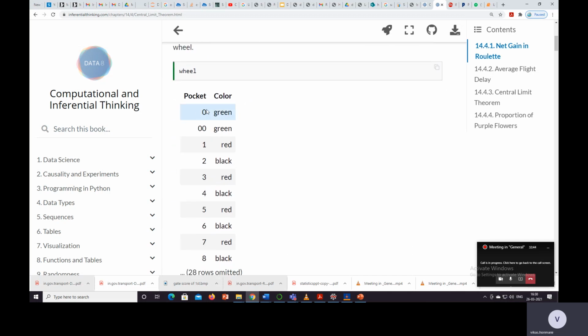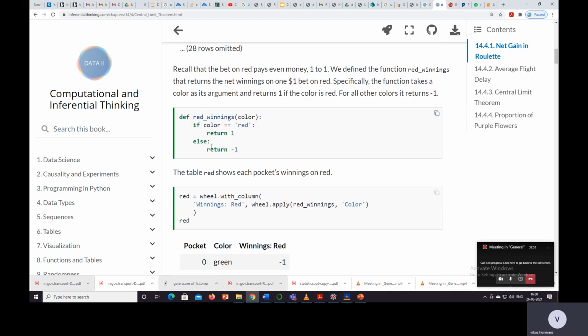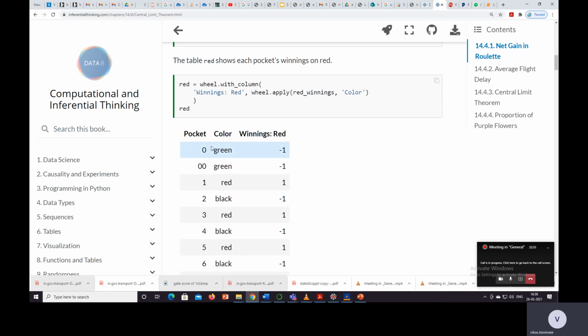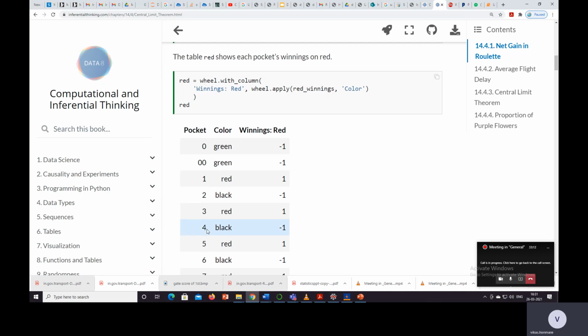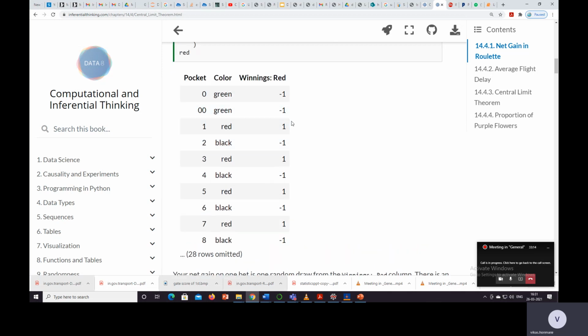This is the particular game, and based on it we have to find out the winnings.